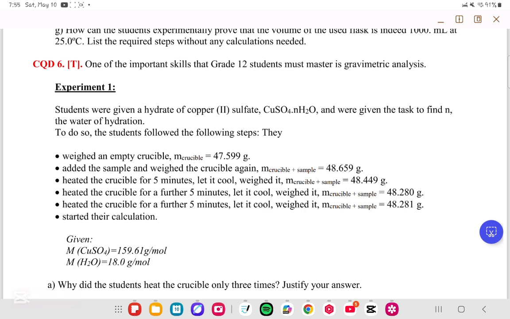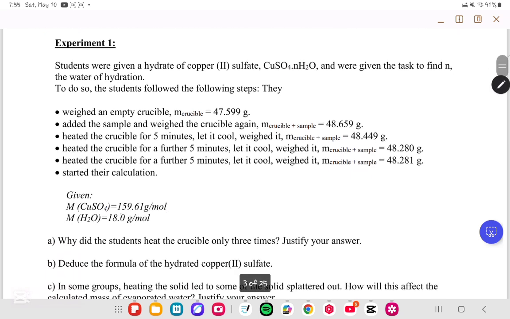They told us, given that the molar mass of CuSO4 is 159.61 and the molar mass of H2O is 18 grams per mole, why did the students heat the crucible only 3 times? Well, if you look at it properly, you will see that between the second and third time that they heat it, there is literally barely any change in mass.